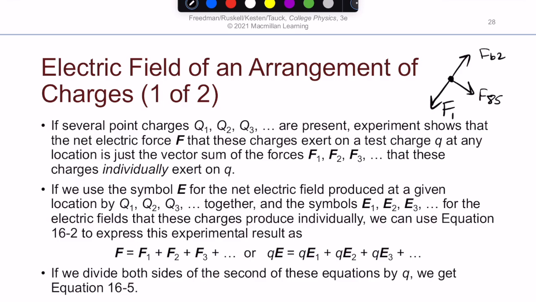They don't interact with each other. You just add them up to figure out what the total is. The same goes for electric fields. That's all this slide is telling you. It's the principle of superposition. I don't know if you remember that from Physics 1. This is essentially explaining the principle of superposition.